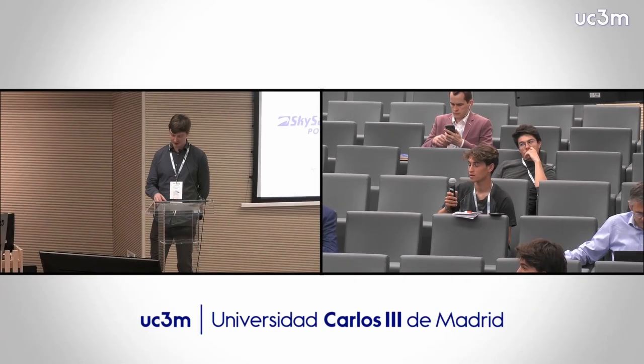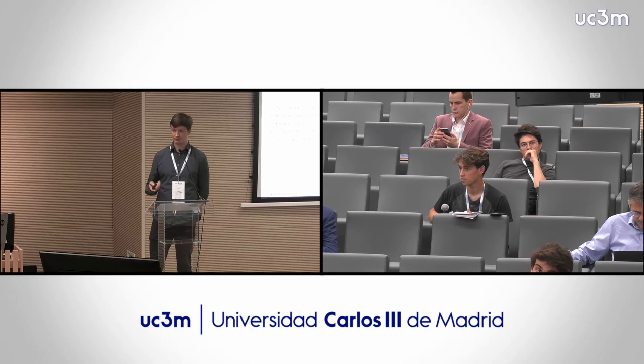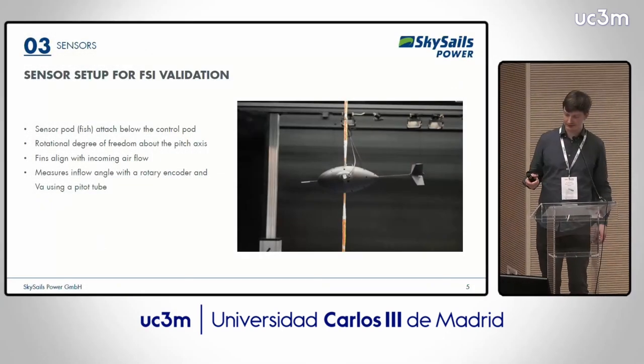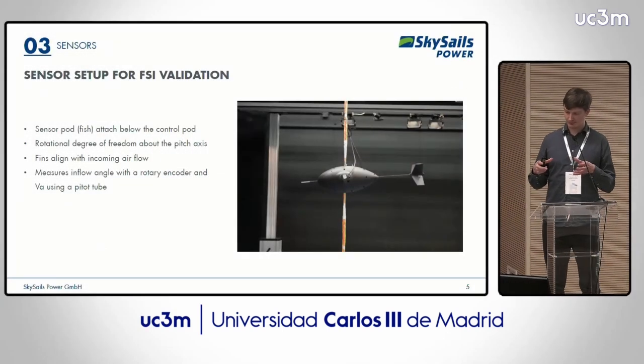Sure. I mentioned before we have this control pod, this sensor pod here. It looks like a fish. It is aerodynamically well shaped, so it can pitch up and down, but as soon as you have an airflow, it will align with the flow. Measuring the angle of attack on a soft kite is quite challenging because you don't have any proper reference.